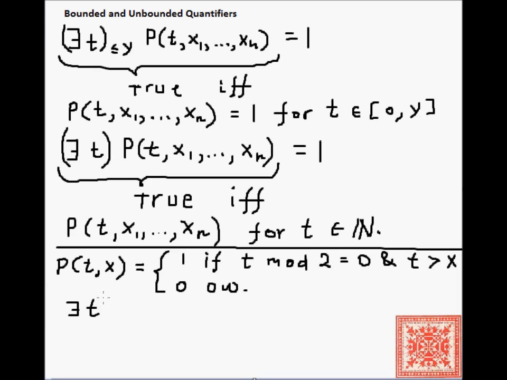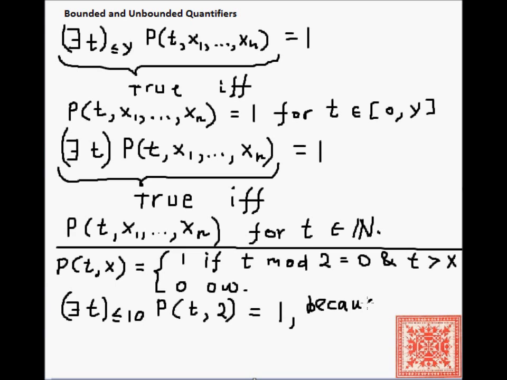So there exists t less than or equal to 10 for which p(t, 2). So there exists a number in the interval from 0 to 10 which is even and strictly greater than 2.